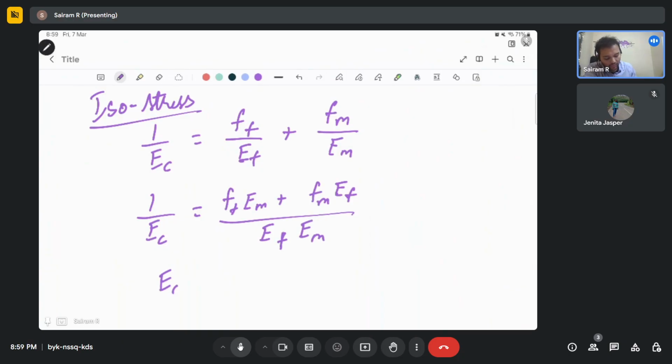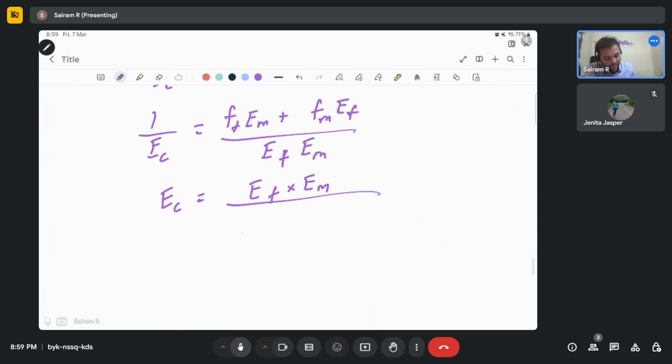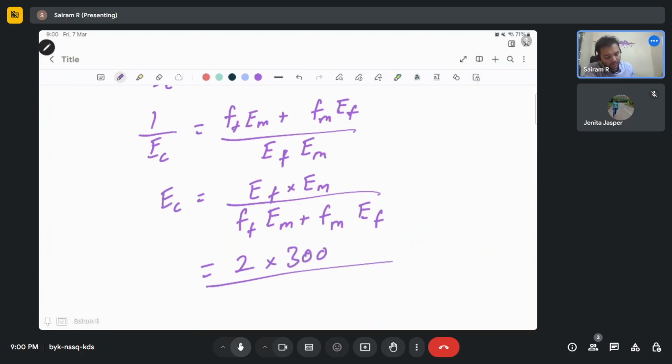So EC becomes EF into EM divided by FF EM plus FM EF. So what is EF? We know it is 2. What is EM? We know it is 300. What is FF? We know it is 0.3, and FM is 0.7.